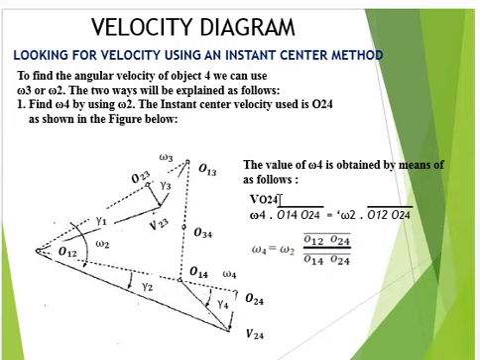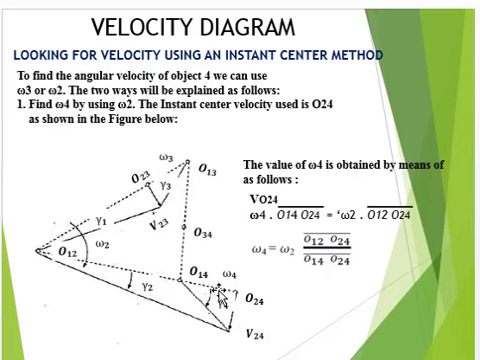The linear velocity of point O24, in this direction, equals omega 4 multiplied by the radius O14 O24.